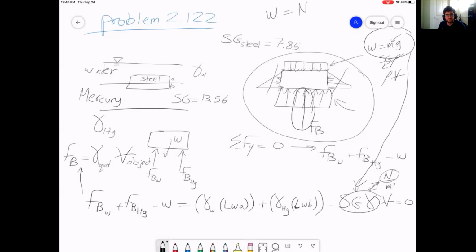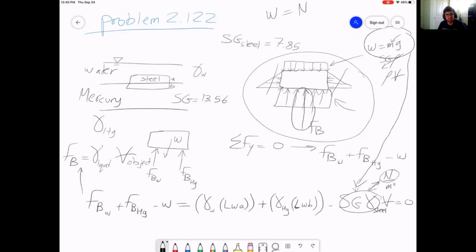Is that gamma for water or mercury? It's for steel, exactly. We're finding the weight of the steel, so this is gamma of steel.